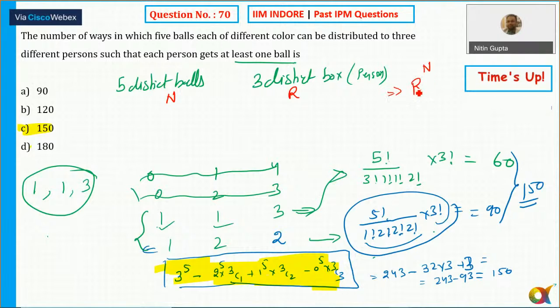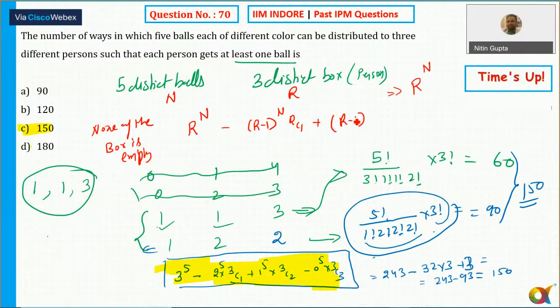But if there is a restriction such that none of the boxes is empty, then the count is r raised to power n minus rC1 times (r minus 1) raised to power n, plus rC2 times (r minus 2) raised to power n, and so on.